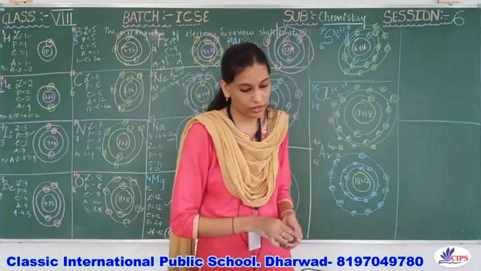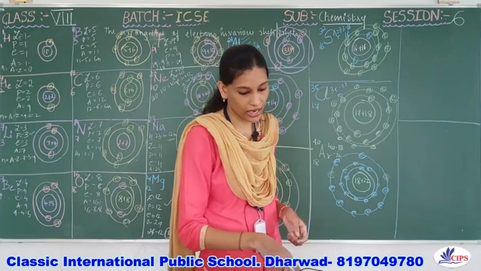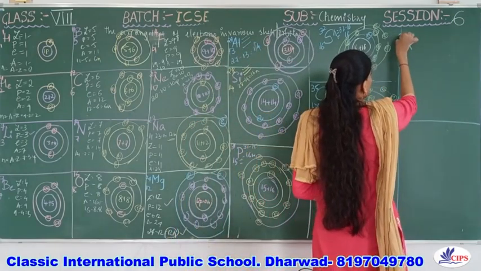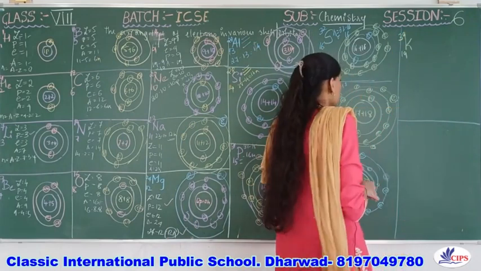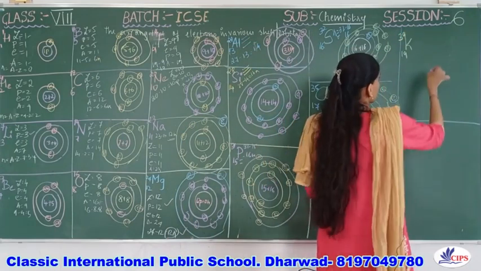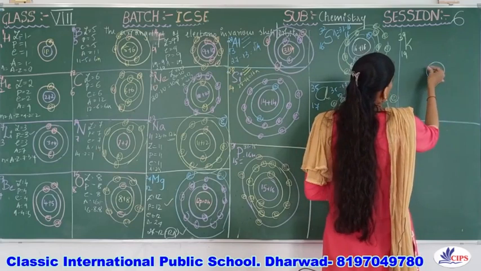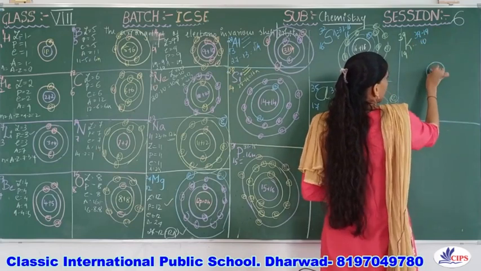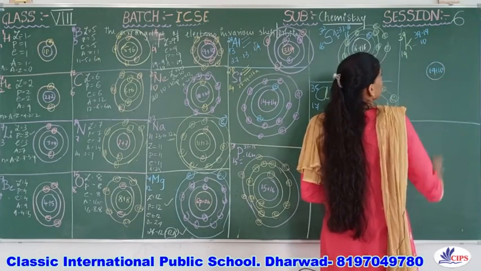Potassium has atomic number 19 and mass number 39. So 39 minus 19 gives 10 neutrons: 19 protons and 10 neutrons.